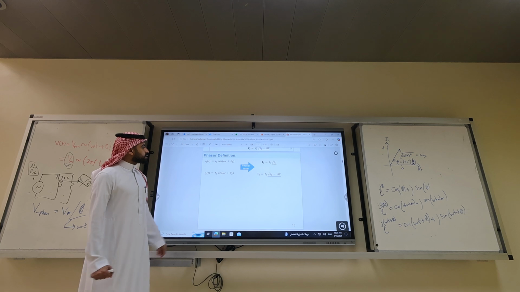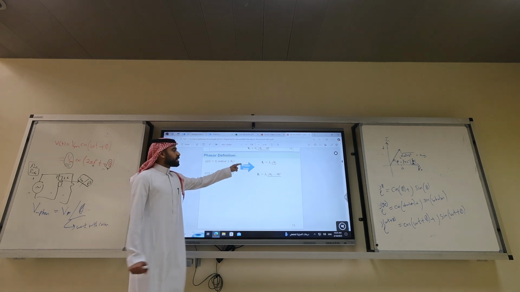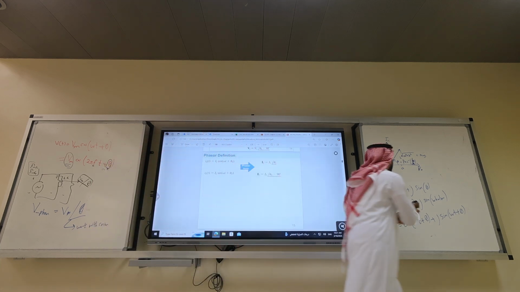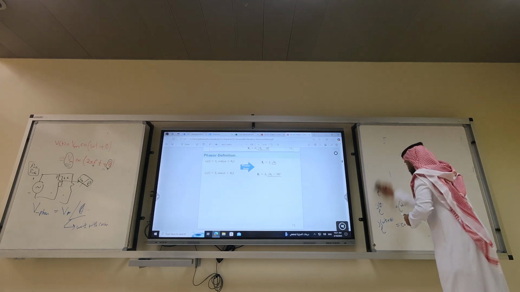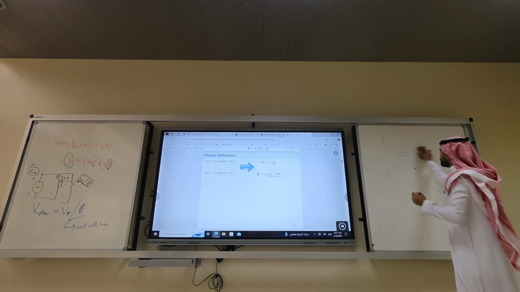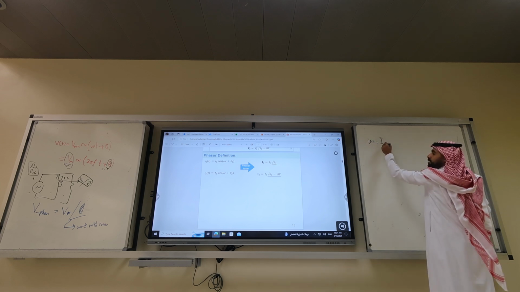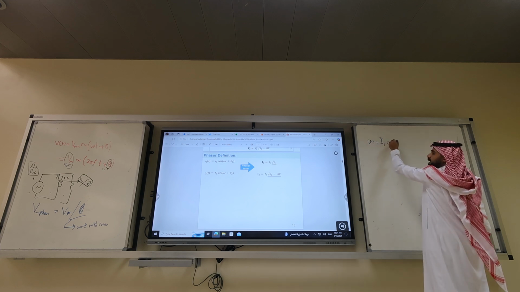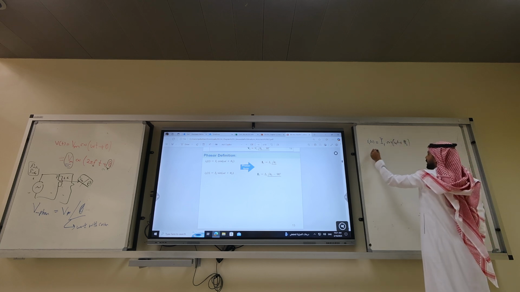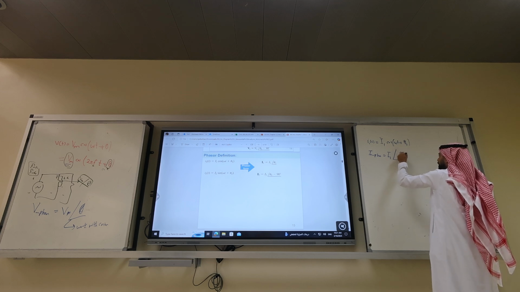Exercise. If I have a current i1 of t equals I1 cosine omega t plus theta 1, to write the phasor, I1 phasor is I1 angle theta 1.